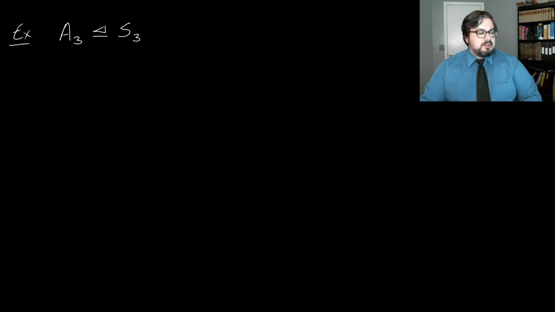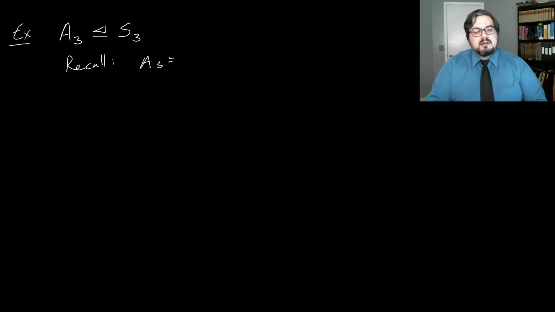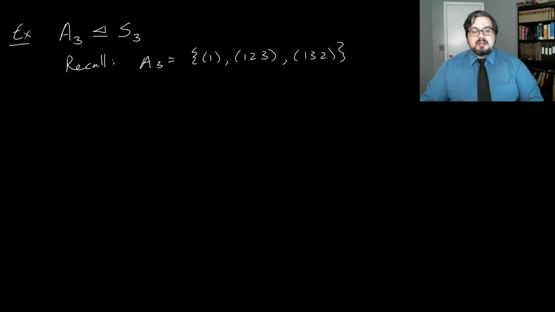So let's recall that A3 is the set of all even permutations inside the symmetric group of degree 3. And we also have seen that a cycle is an even permutation if and only if its length is odd. And so we have these permutations inside our alternating group of degree 3.